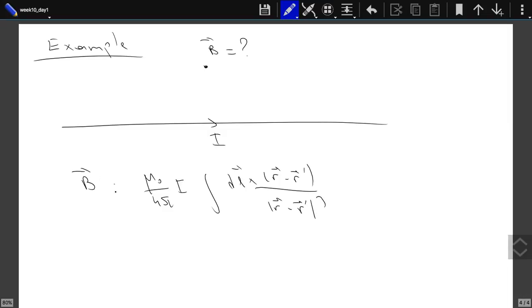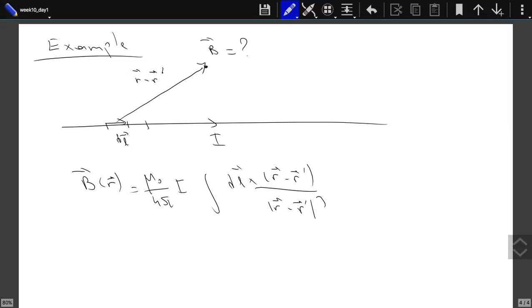This is the B field at the point R. So let's start by dividing our line. This is my dl. Well, this is the vector r minus r prime. R minus r prime is nothing but the vector pointing from the source to the measurement point.